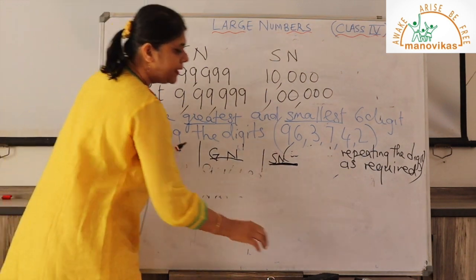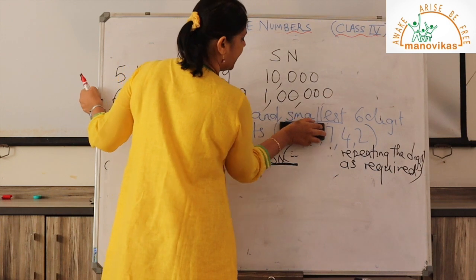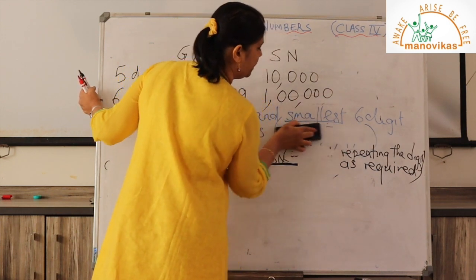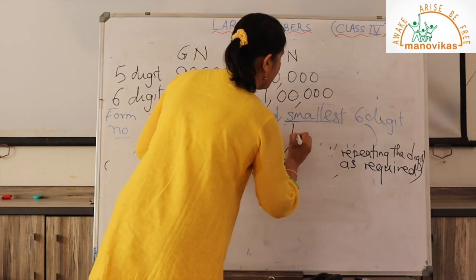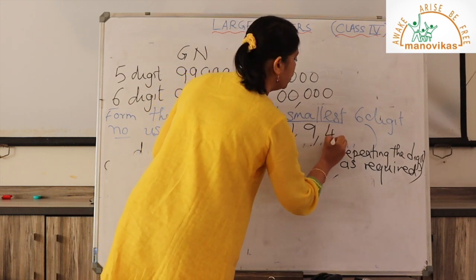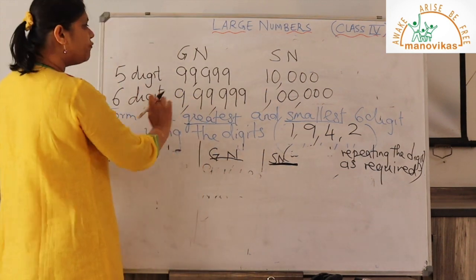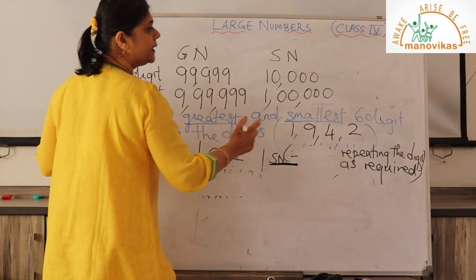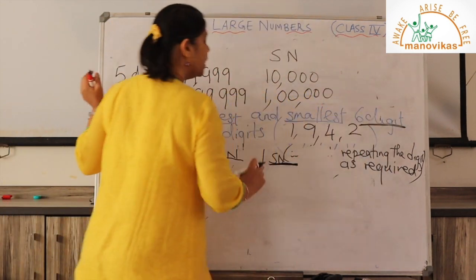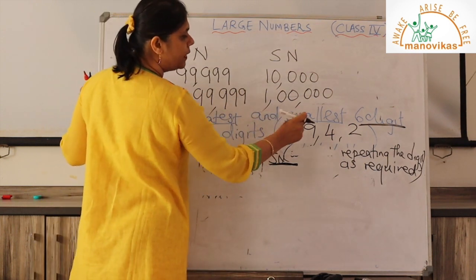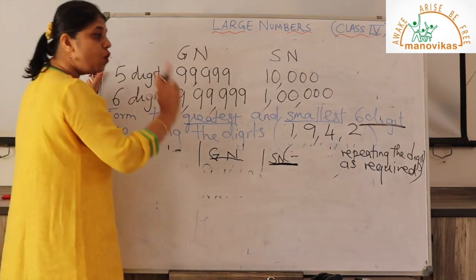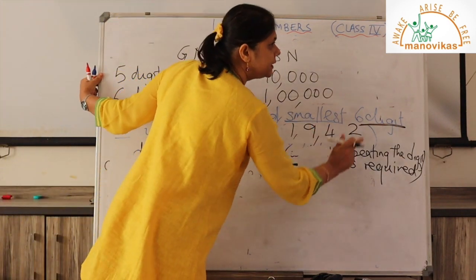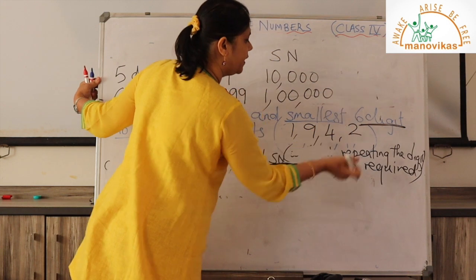So now the digits given to you are 1, 9, 4, 2. Now you have to make the smallest and greatest 6-digit number using the digits 1, 9, 4, 2. But the condition is you can repeat the digits as many times as required.